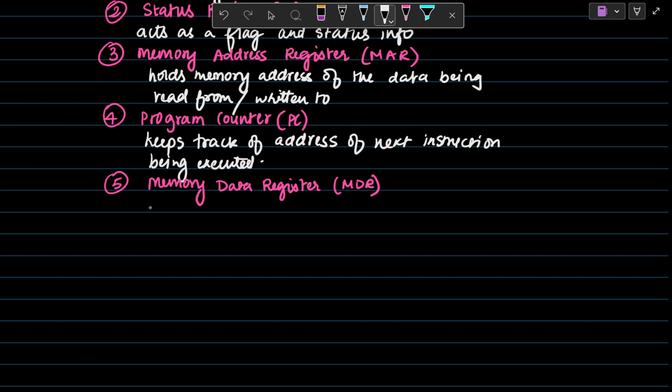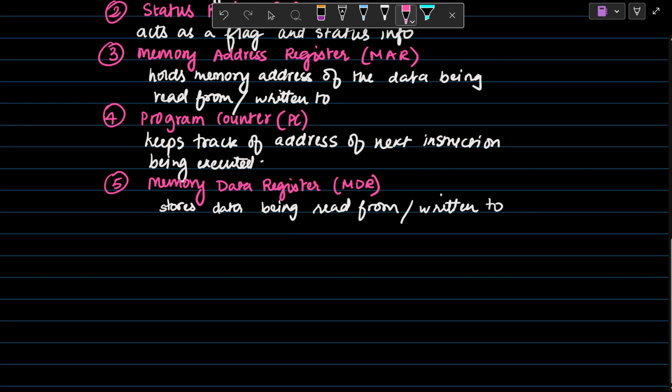So the MAR holds the memory address of the data, and the memory data register stores data being read from or written to.